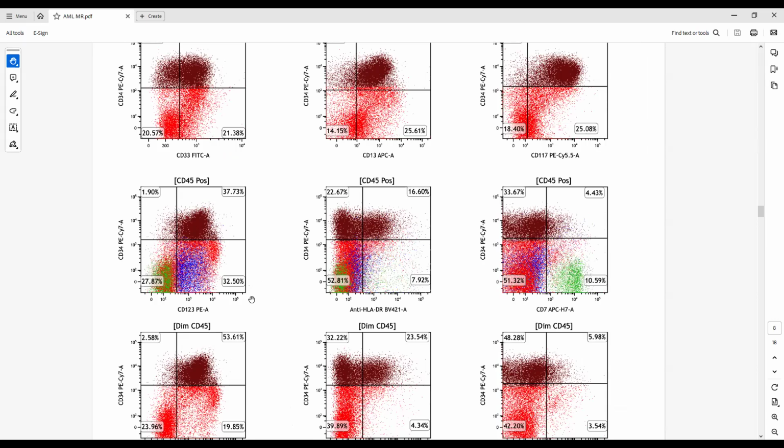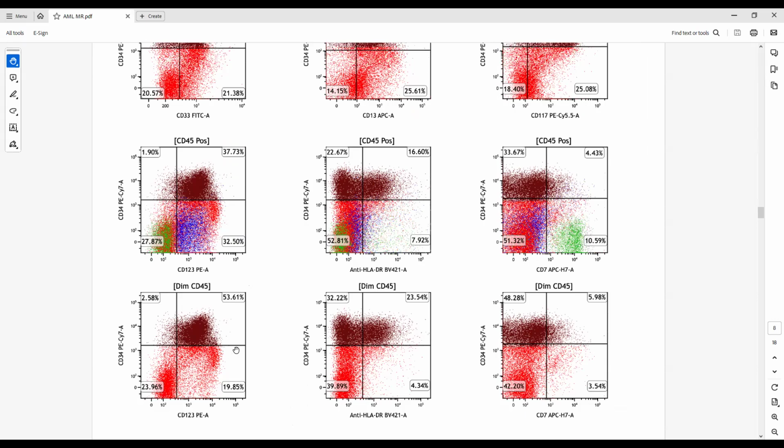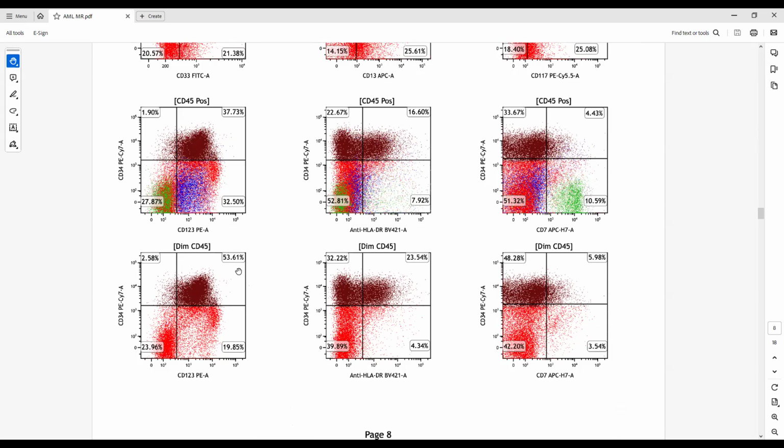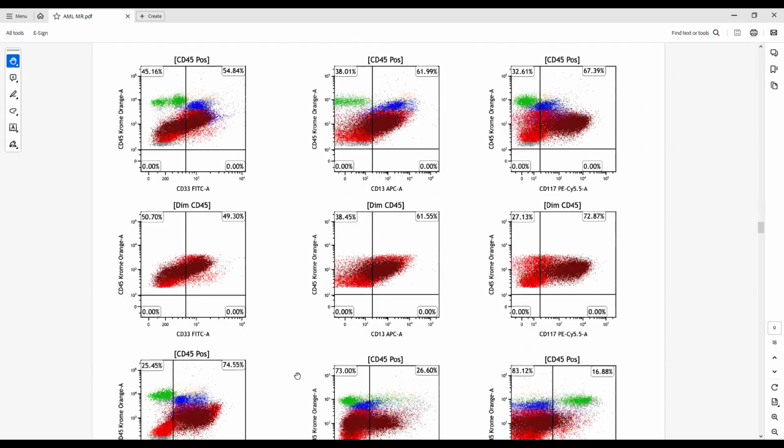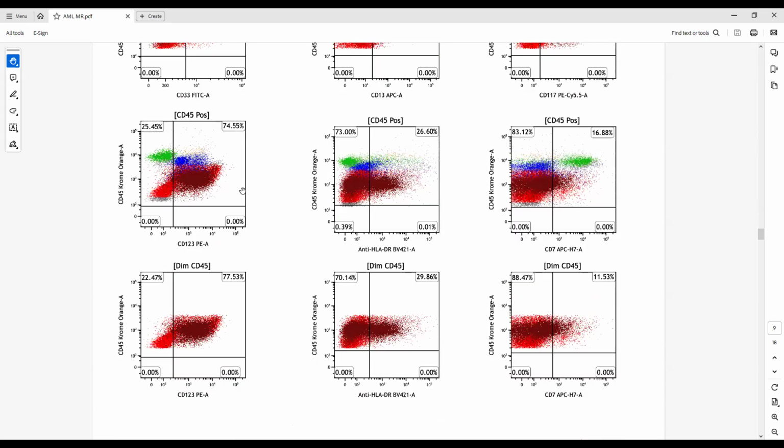HLA-DR is dim, and CD123 is positive in over 70% of the cells, and always try to give a percentage because there's targeted therapy against CD123. And here, CD123 is positive in about 74% of the cells, or 77% of the cells.